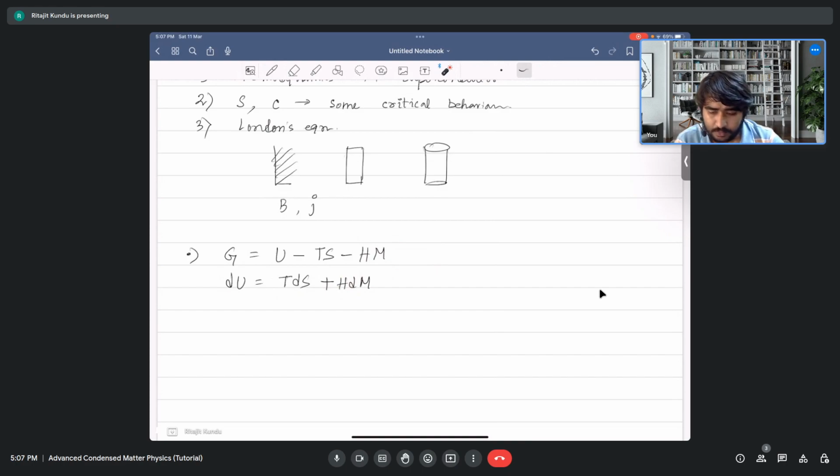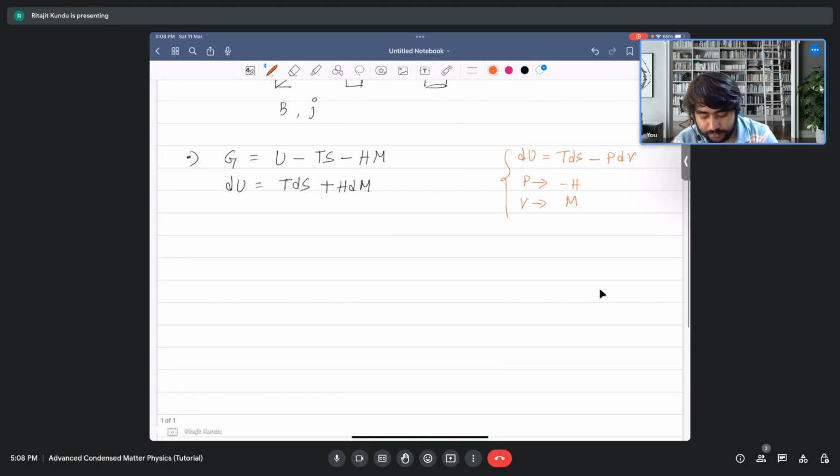This looks very similar to dU is equal to TdS minus PdV, as for a gaseous system where pressure and volume contribute to the internal energy. So here you just replace P with minus H and V with M to go to a magnetic scenario.